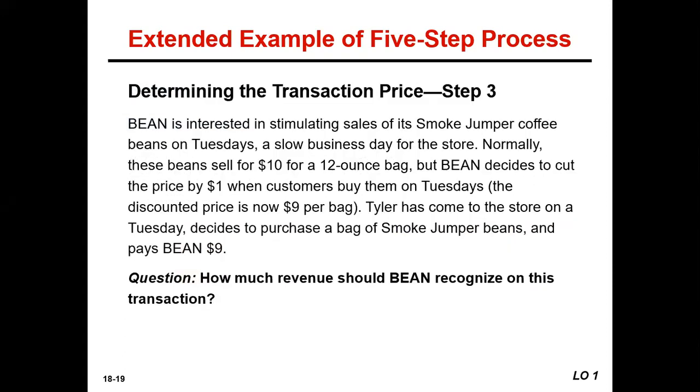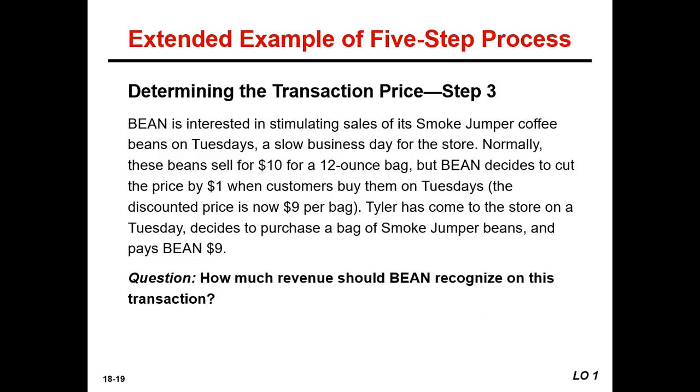Okay, determining the transaction price under step 3. Bean is interested in stimulating sales of its smoke jumper coffee beans on Tuesdays, a slow business day for the store. Normally, these beans sell for $10 for a 12-ounce bag, but Bean decides to cut the price by $1 when customers buy them only on Tuesdays.